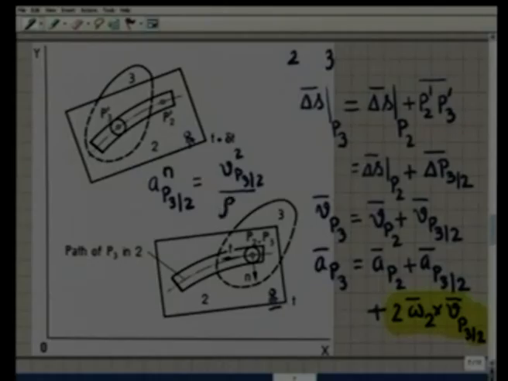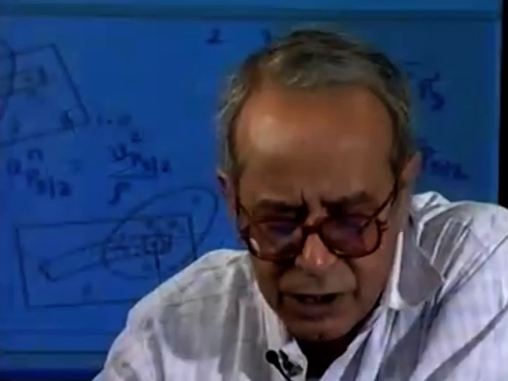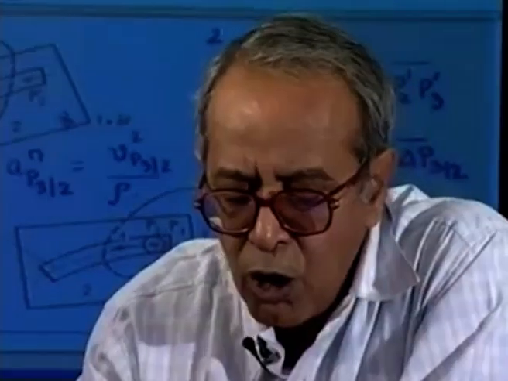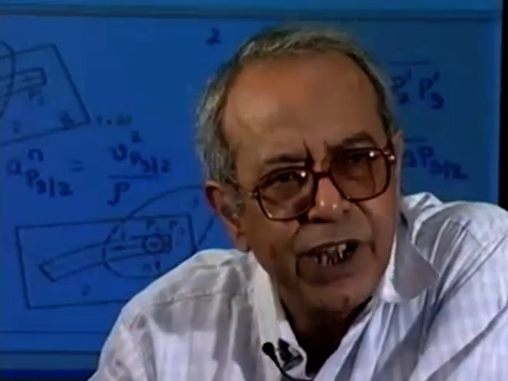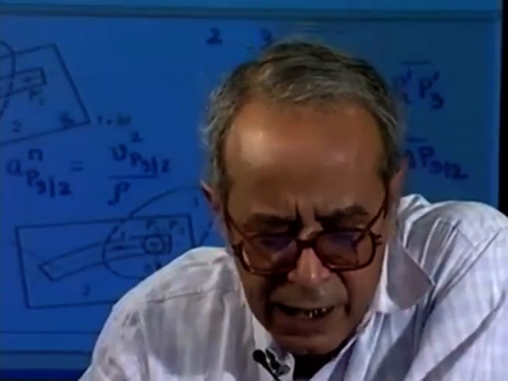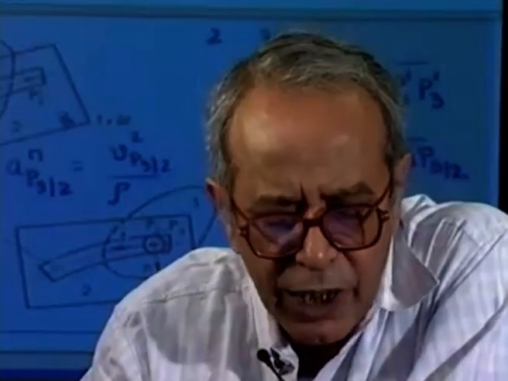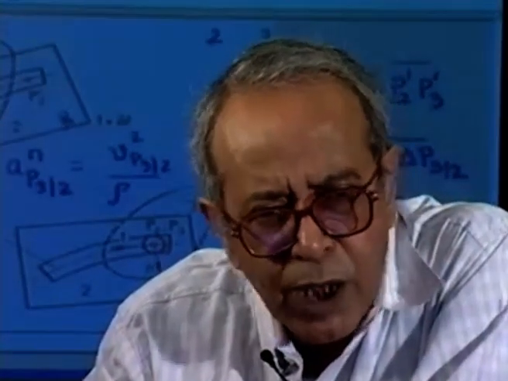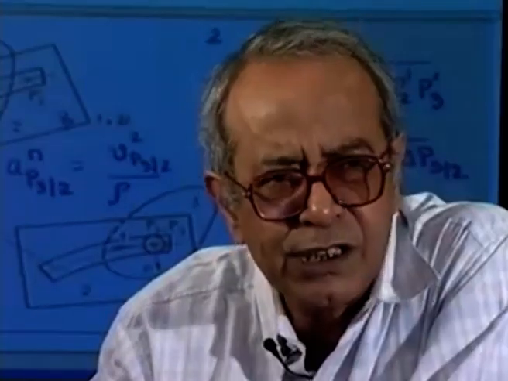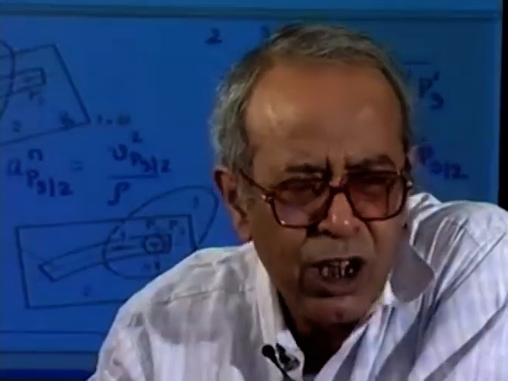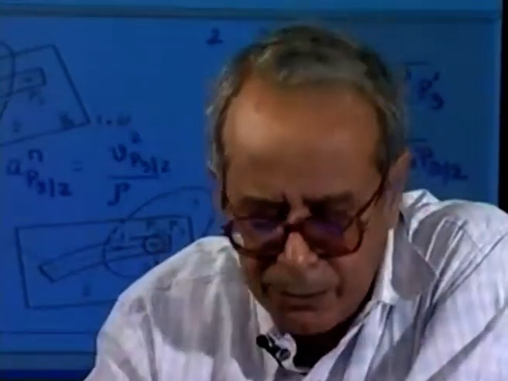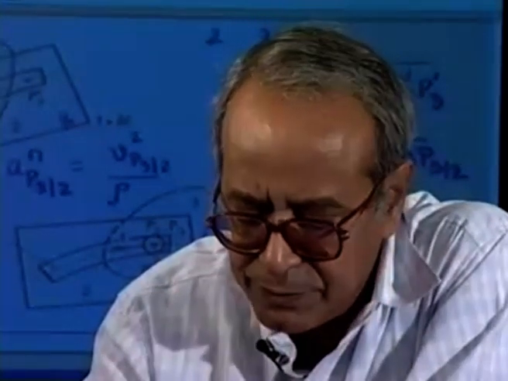That is the normal acceleration, as we know, v square by rho, where rho is the curvature of the path. All these relationships will be very useful for kinematic analysis of mechanisms, where we will see that one point of a rigid body is constrained to move along a slot or along a given path in another moving rigid body.